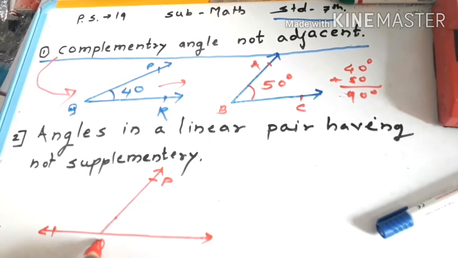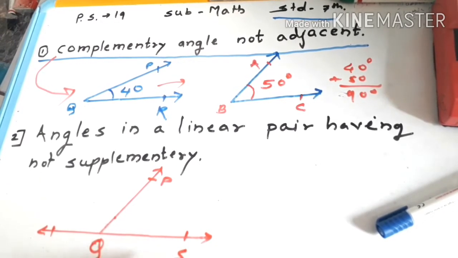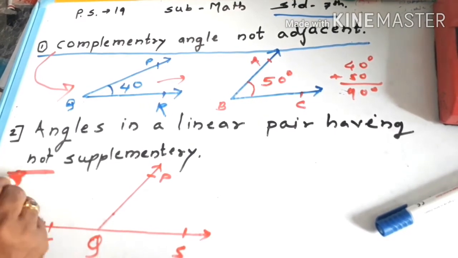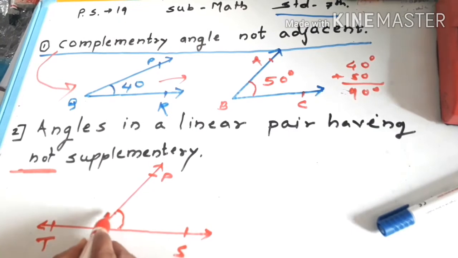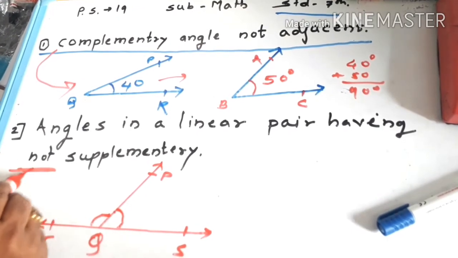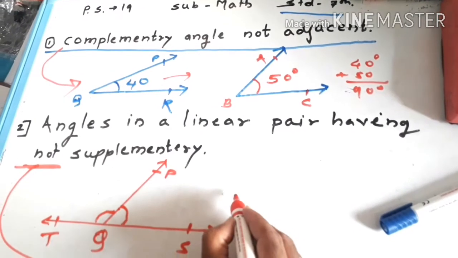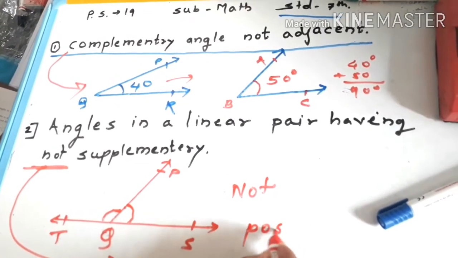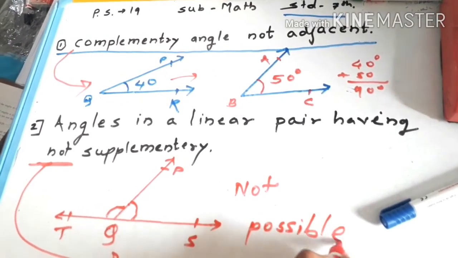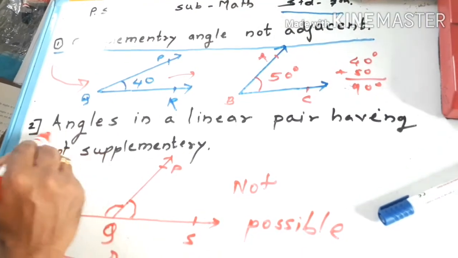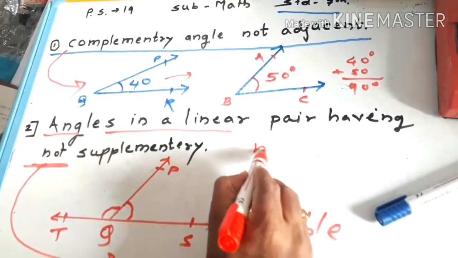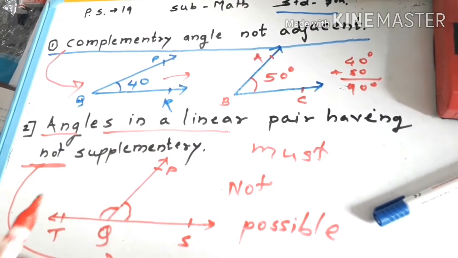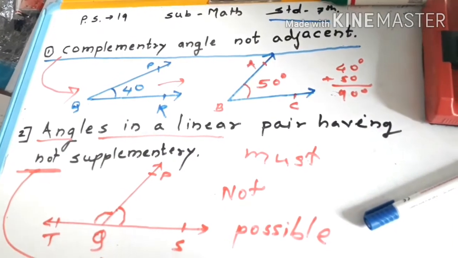So not supplementary. Here the angles are supplementary. This figure is not possible to draw because angles in a linear pair must be supplementary. So this figure is not done here.